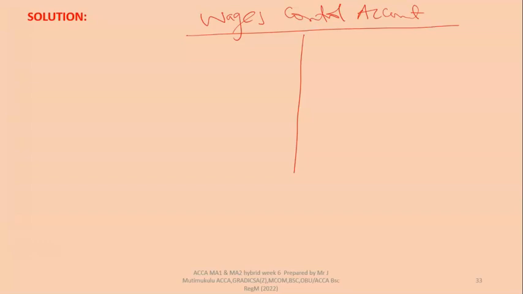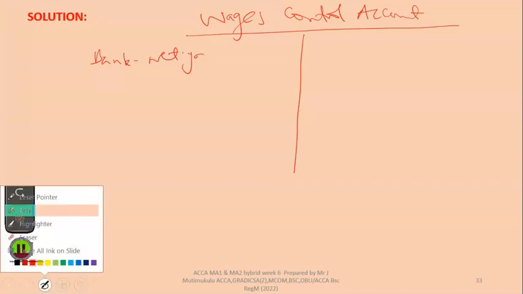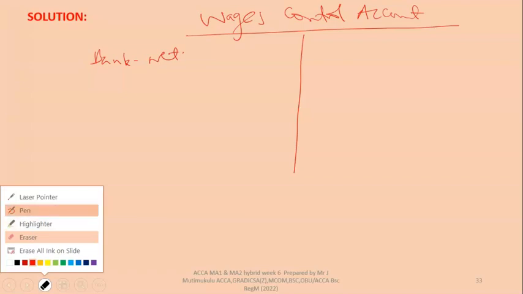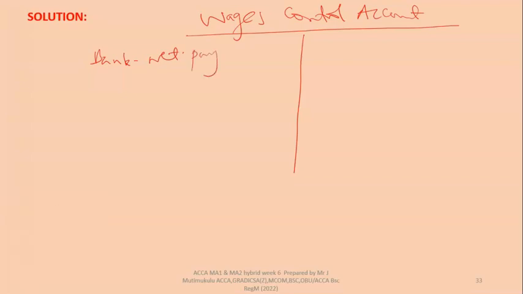Okay, wages control account. We have to debit this account with the gross pay, and we are told that the gross pay involves the bank, the net pay of 15,000, and then the payment to tax authorities, the tax authority deductions.